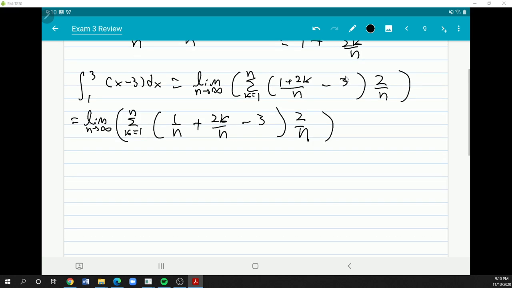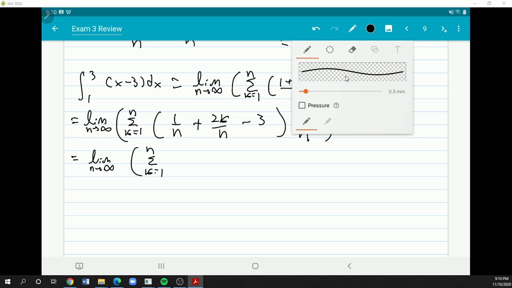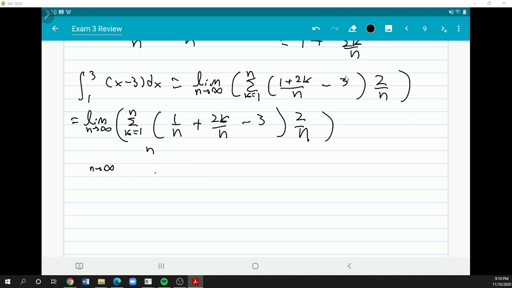So now I can distribute a little bit more cleanly. This is the limit as n goes to infinity of the sum from k equals 1 to n. No, I just confused myself with the way I wrote something poorly.